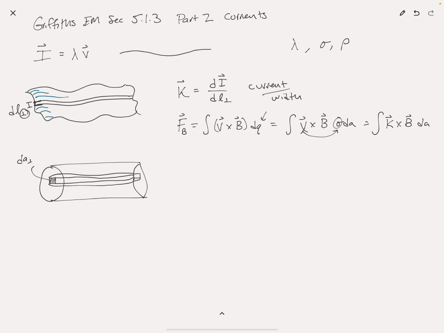That is some infinitesimal area that lives on the surface of our volume, and it enters into that volume perpendicularly. So instead of the current that flows per unit width, this is the current that flows per unit area.